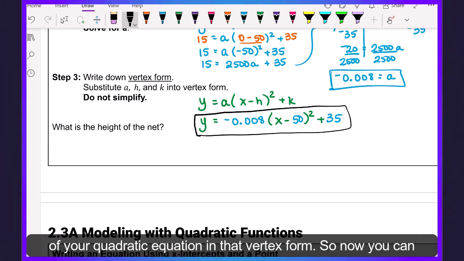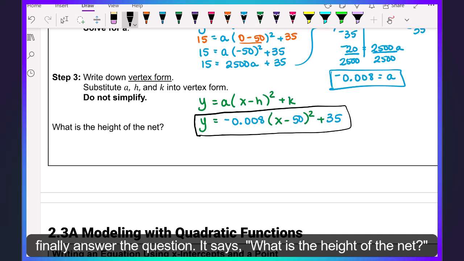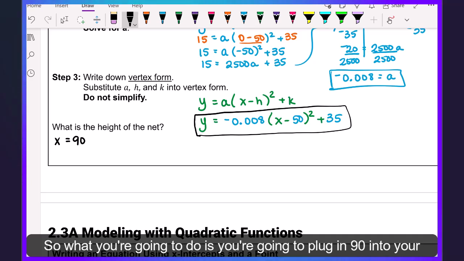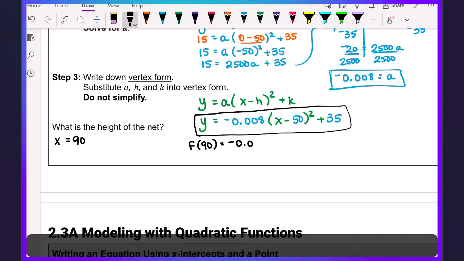So now you can finally answer the question. It says, what is the height of the net? Now it already told us that the net was 90 feet away. So what you're going to do is plug in 90 into your equation.